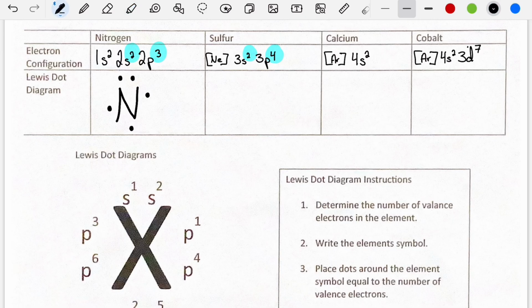So then I would write the symbol for sulfur, capital S. And then I would draw dots around the S to represent its 6 valence electrons. So the 2 s electrons go at the top, and then I spread out the p electrons before pairing them up. Six valence electrons around sulfur.